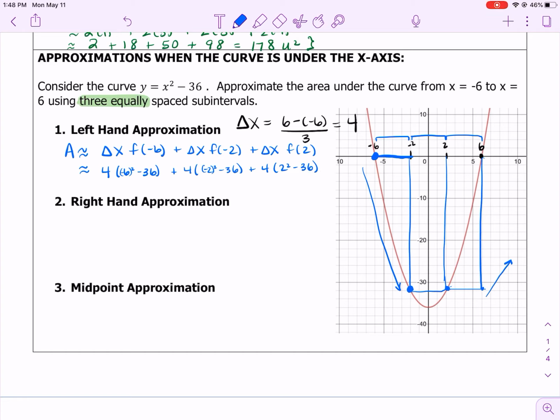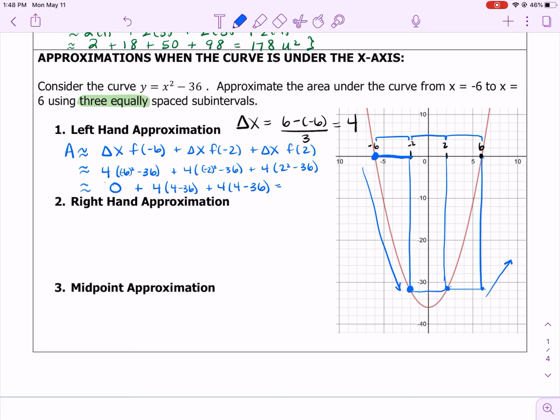So here we have 4 times 0, so that will provide us with 0, plus 4 times 4 minus 36, and then plus another 4 times, this will give us the same value, 4 minus 36. Note that 4 minus 36, that is a -32.